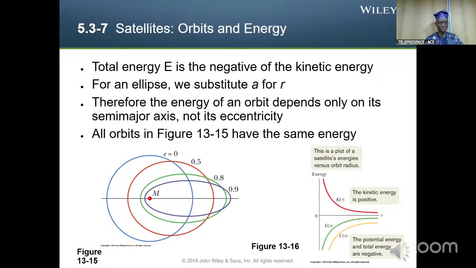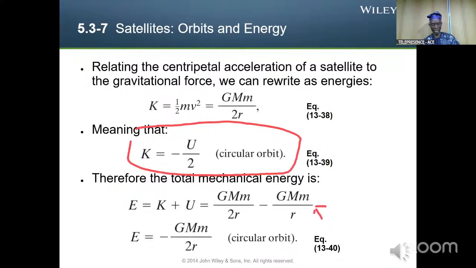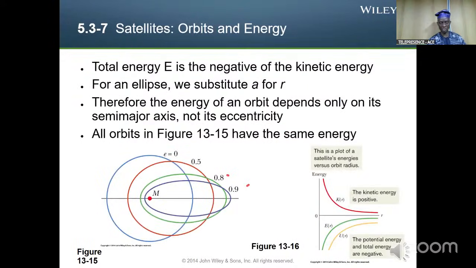E equal to 0 gives us a perfect circle, then 0.5, 0.8, 0.9, and so on. But the total energy is the same. It's independent of the E. It's only the size of the orbit that matters, not the eccentricity.